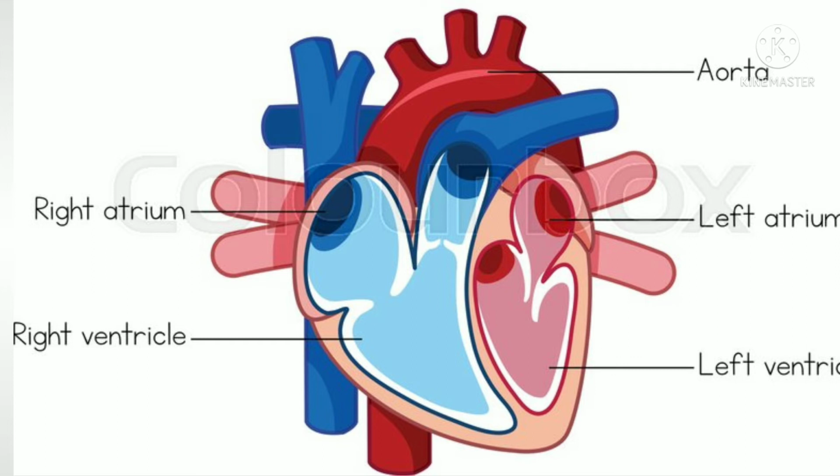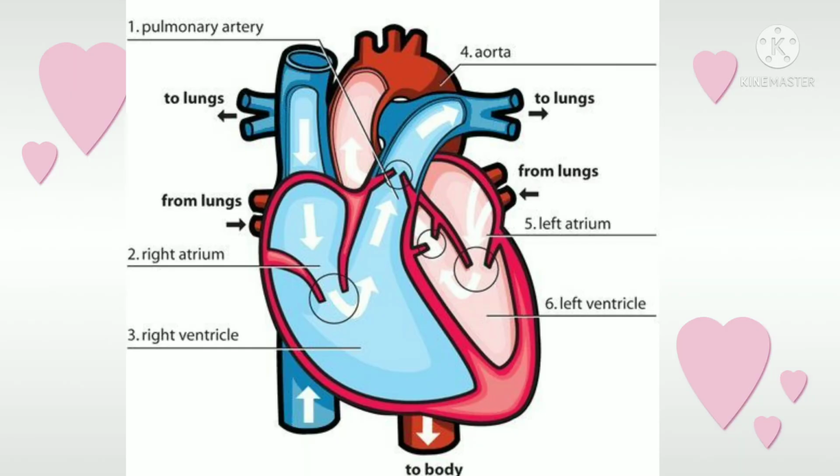When it contracts, oxygen-rich blood is forced away from the heart for the distribution to the different parts of the body. Between atrium and ventricles are valves, the overlapping tissue that allows blood to flow in one direction.